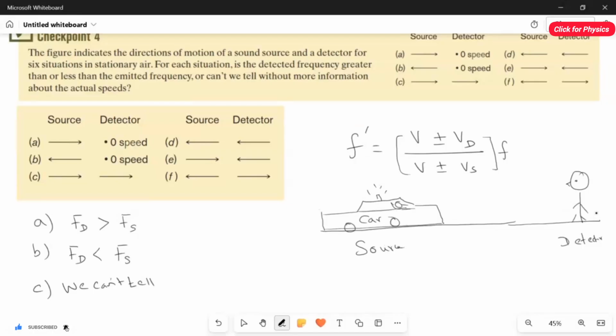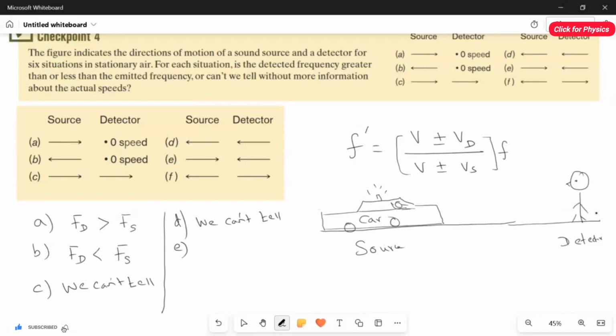So based on this, we cannot give the answer for part C. Now we can come to part D. Again the same case. Here, source and detector are moving in the left direction. No proper information, so again for part D we have to answer: we can't tell without more information.